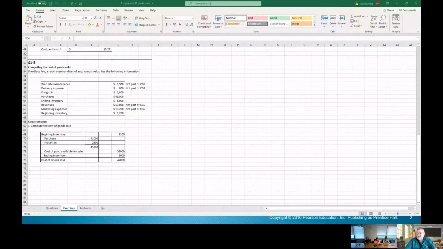We can click on that folder. Okay, let me see if I can share this real quick. Okay, do you guys see a spreadsheet up on the screen? Or are you guys just working off your laptops? Okay.